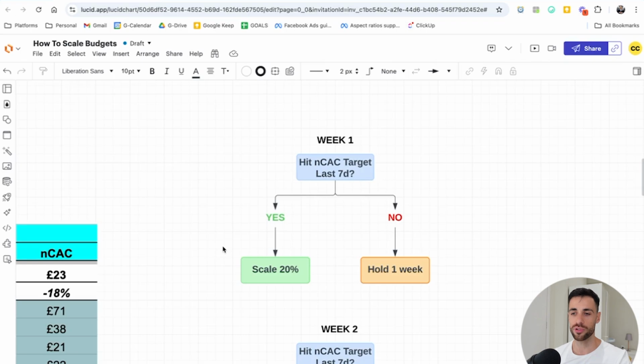Just increase the budget 20% on the ones that have done well if you've hit your overall, okay? If you don't have a third-party attribution tool, simply all you have to do is look at the sales of that product in Shopify. When you scaled up depending what you did, let's say you scaled up the week before and you've now hit your NCAC target, did all those campaigns have an increase in orders of that product?